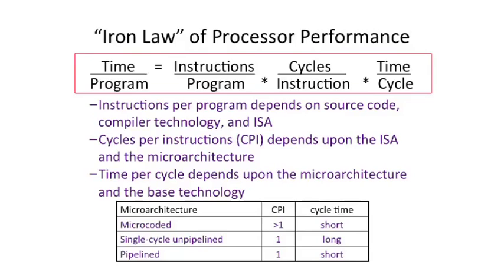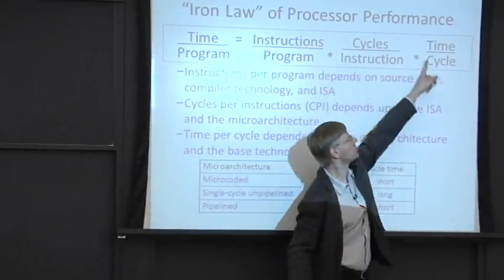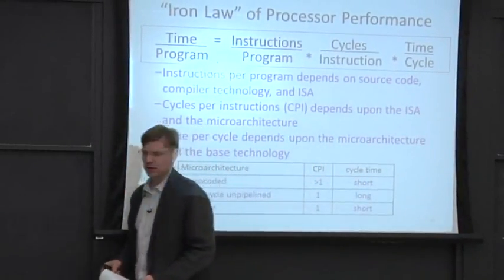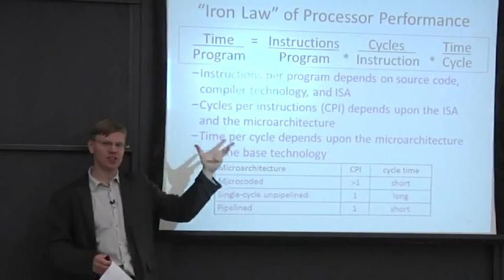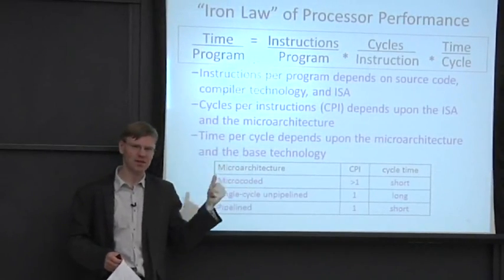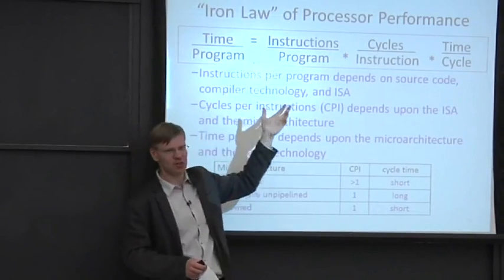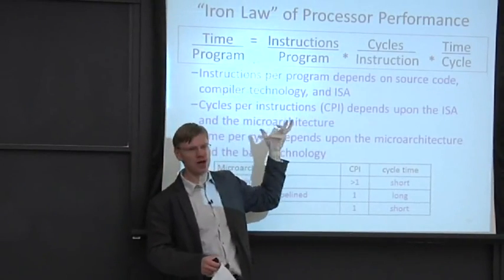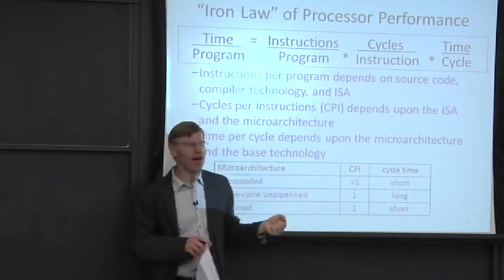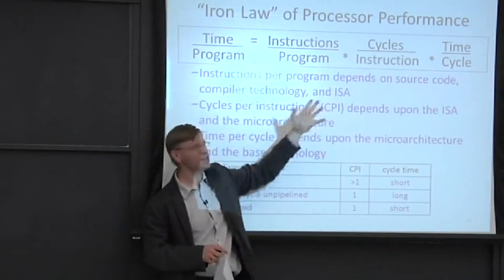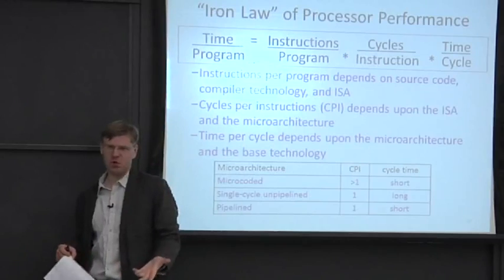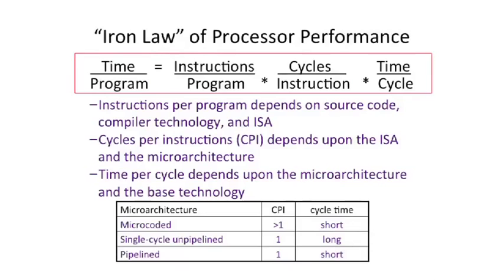OK, what's the unit on that? Well, the unit actually is cycles per instruction. So if we do the dimensional analysis on this, cycles up here and cycle down there are going to cancel. And then finally, we have instructions per program. And the unit on that actually is instructions per program. So the number of instructions in your program divided by the program. And if we multiply this out, the unit we're going to get here for time per program is seconds per program. That actually is the unit.